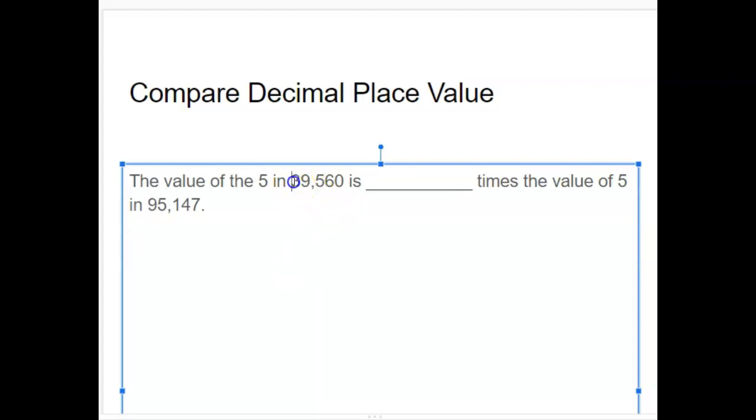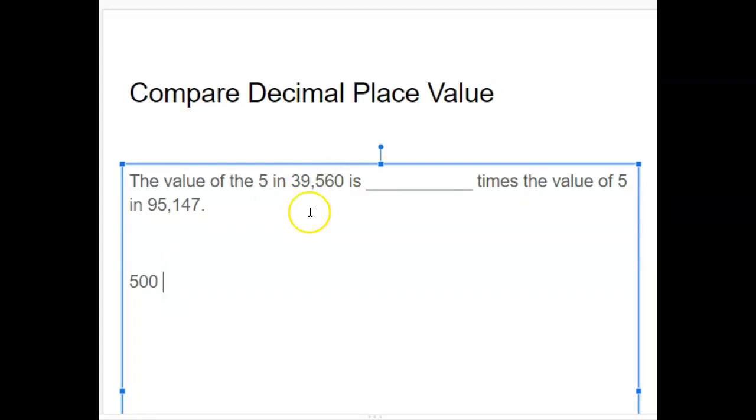So let's look at our first number, 39,560. So the 5 is in the hundreds place, right? So I'm going to write down the value of the 5 in this first number. The 5 would be 500, right?